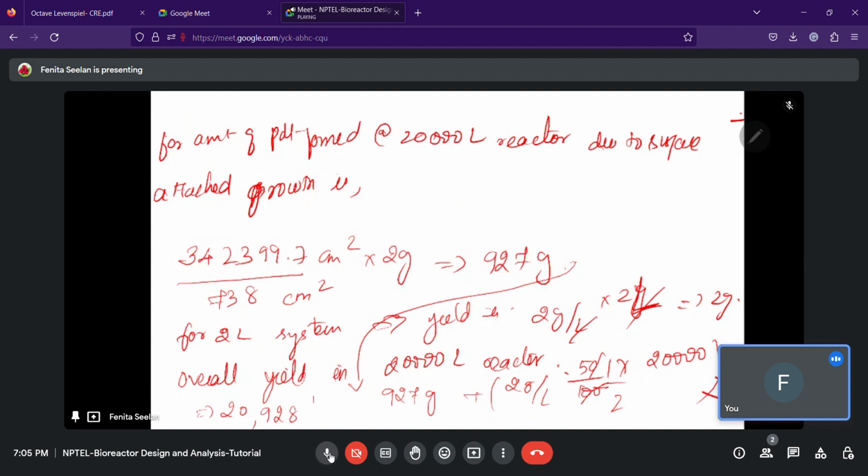This is the amount actually. So if there is no wall growth present, the 20,000 reactor would have yielded more. So if there is wall growth in your scaled up reactor, that is going to significantly impact your productivity.